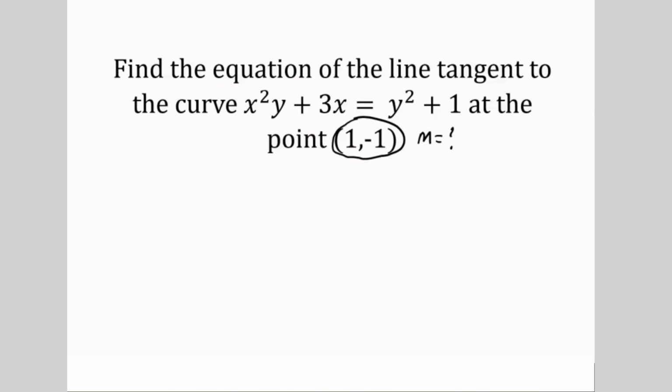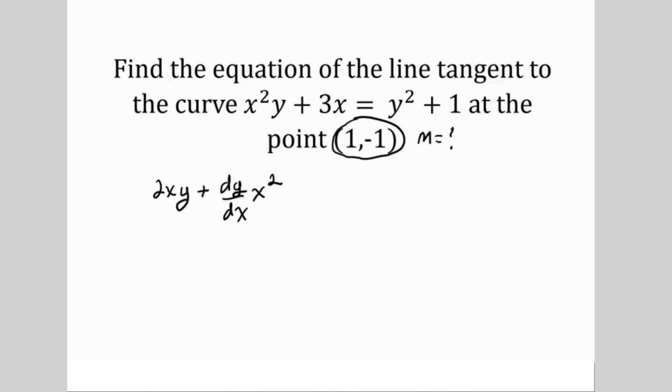All right, I'm going to start with the x squared y term. That is a product rule. Now remember, we're doing this with respect to x. So the derivative of x squared with respect to x would be 2x times the y, plus the derivative of y with respect to x, which would be 1 dy/dx, times the x squared.